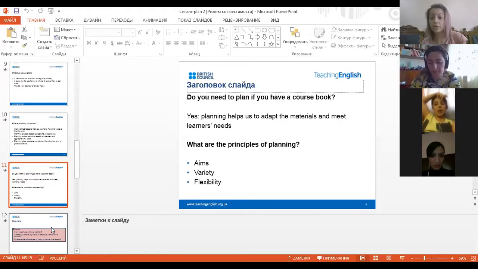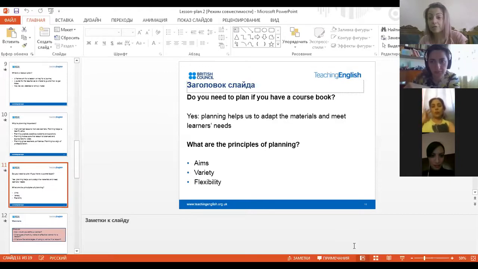According to the author, a teacher must be very flexible and perhaps change the course according to the needs of the pupils during the lesson. So we need to plan a lesson even if we have a course book because we need to adapt the materials.